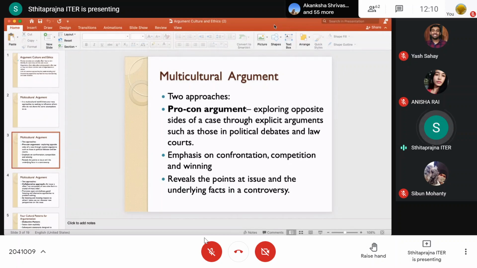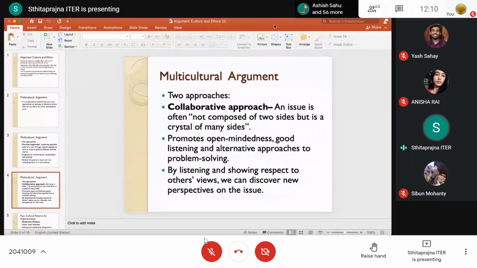Some of you will highlight the benefits and the opponents will highlight the demerits. So all the facts of the controversy come up. Now that's the pro-con argument. The second approach is the collaborative approach.